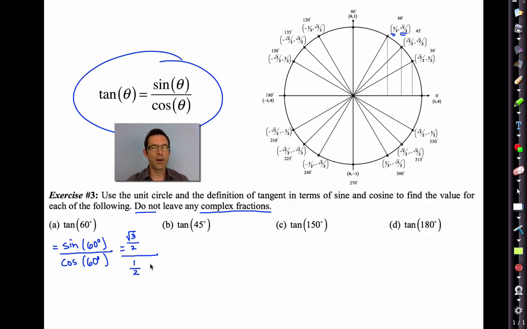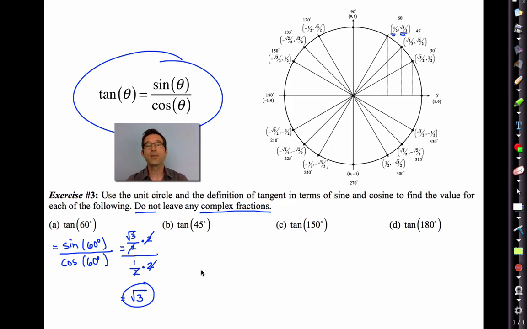Now, right now we have a complex fraction because we have a fraction within a fraction. So what I'm going to do is multiply the top and the bottom by 2. You could also say change, flip, whatever. But that's going to cancel out all those 2's, and that's going to leave me the tangent of 60 degrees being equal to root 3. That's it. That's the whole deal.